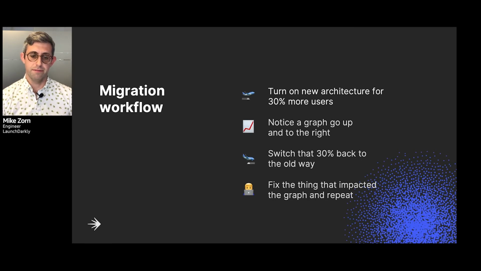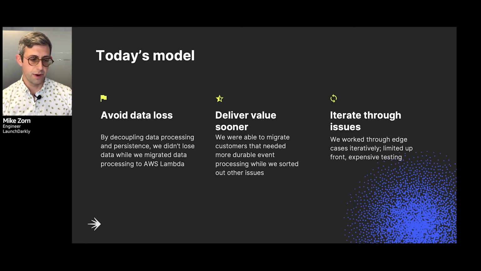So we've got our traffic going through, and once we iterated through this process a few times, the migration was complete. We got all the data into the new system. When we did that, we avoided data loss by decoupling our data processing from our persistence.